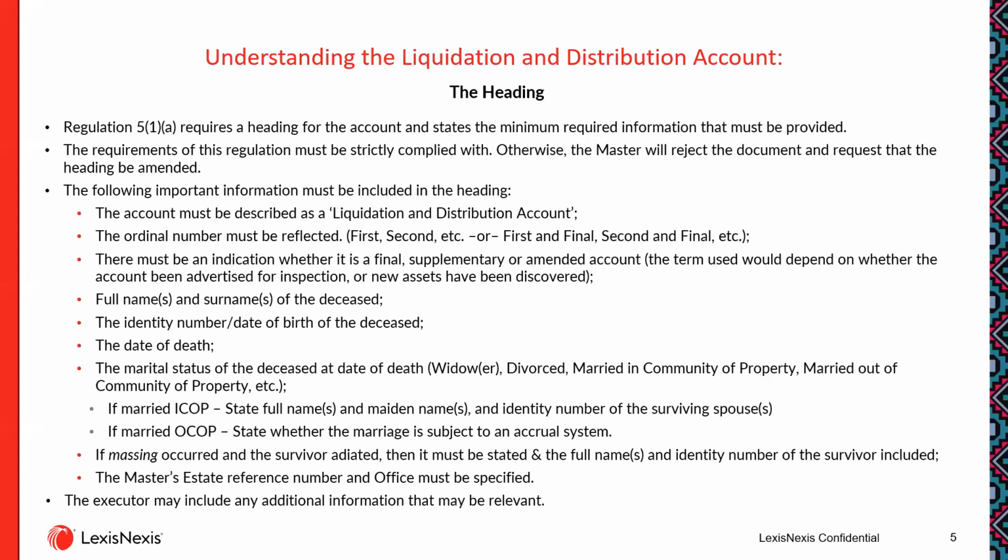We can include additional information in the heading, but as a minimum standard, all of this information needs to be included. The effect of not including the required information in our heading is that the master might reject the document, or the master might raise a note, and then the document will have to come back to you. You'll have to edit it and send it back to the master for approval. This causes quite a delay.